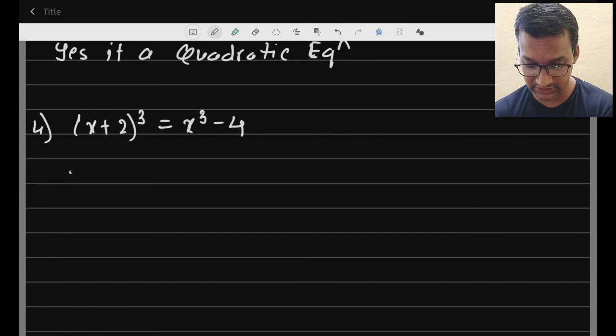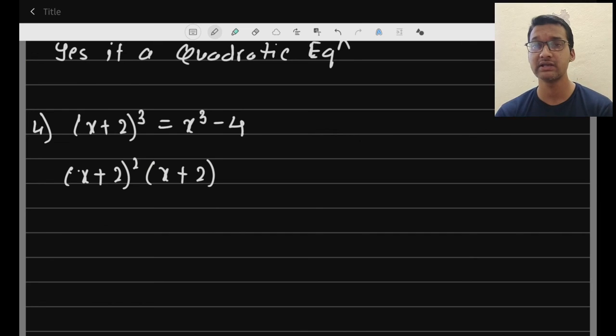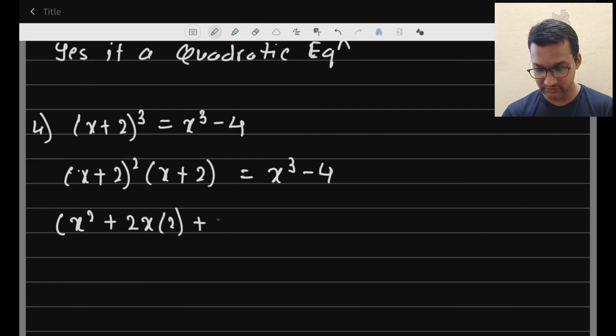But how will I expand this if I don't know the formula? The way to expand this is to divide this into x plus 2 bracket square into x plus 2. This is the same as x plus 2 cube. On the other side we have x cube minus 4. Now we know the expansion of x plus a plus b bracket square. It will be a square, that means x square plus 2AB. Here A is x, B is 2, plus B square.